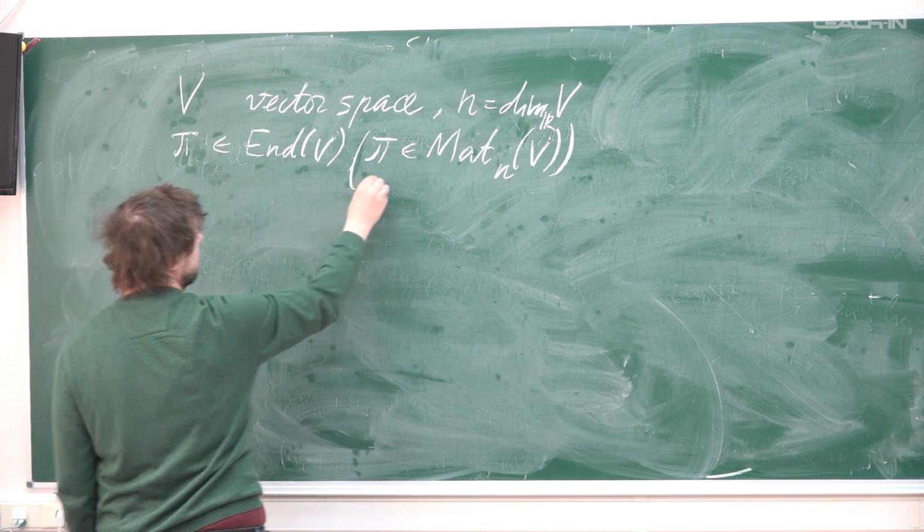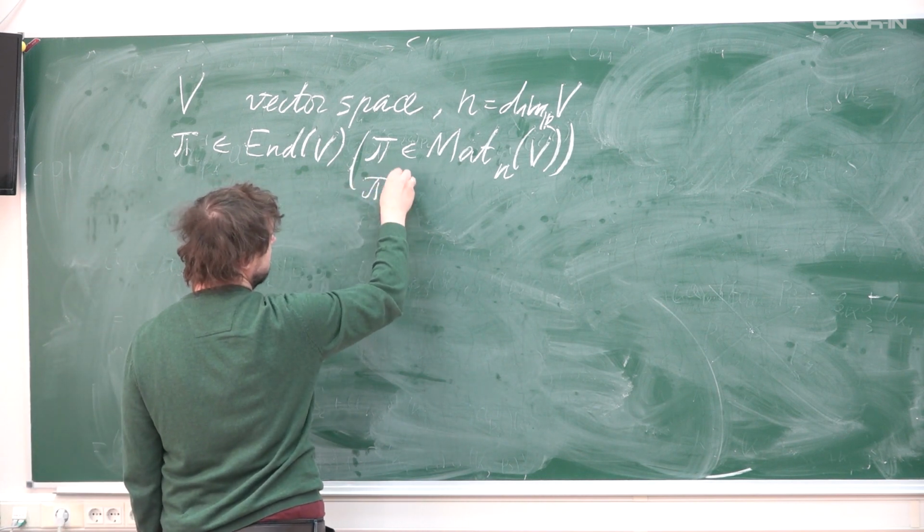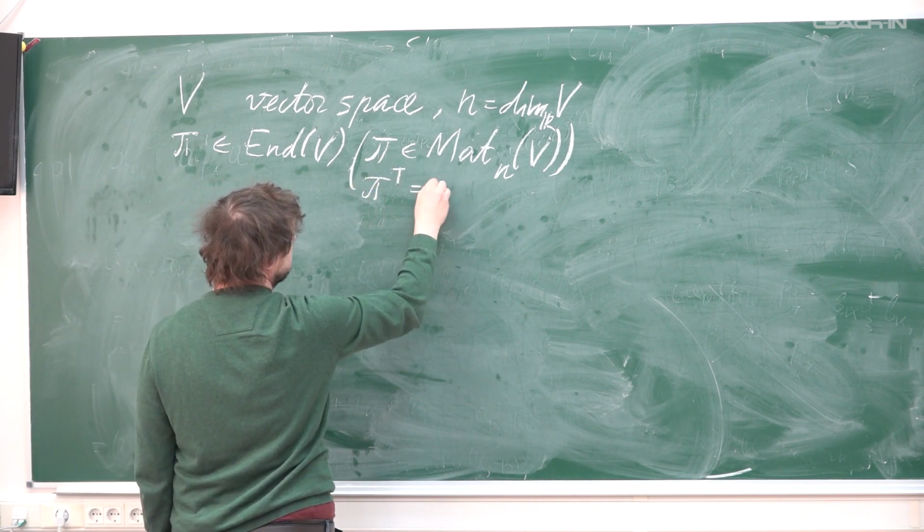We assume that pi is skew-symmetric. It means that when you transpose it, you get minus pi.